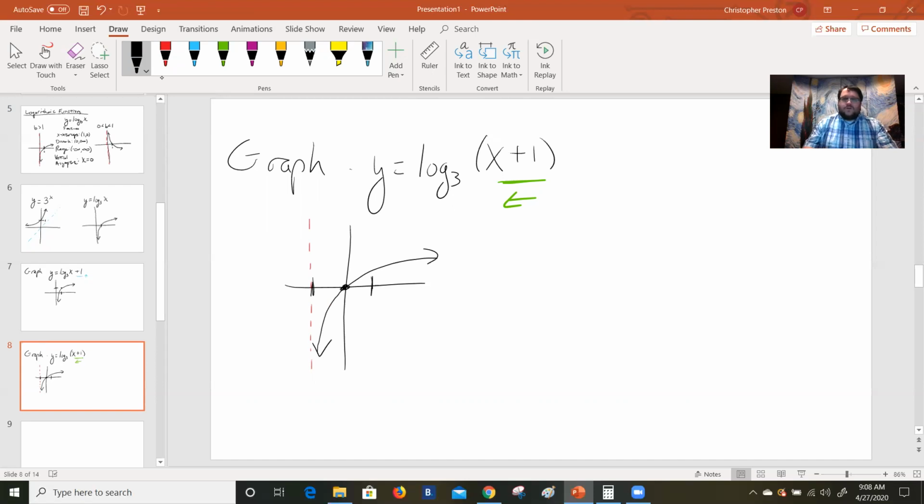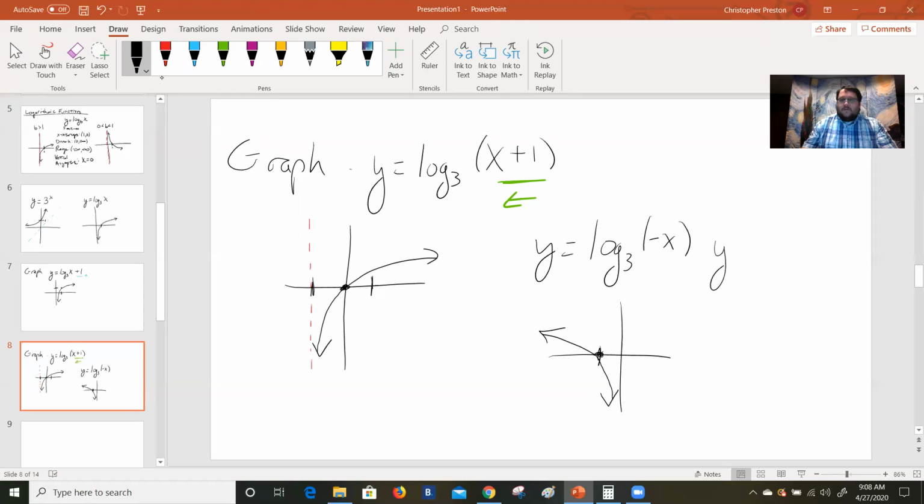So all those transformations still apply. If you put a negative inside with the x, that's a sideways flip. So now your graph is reflected relative to the y-axis. It's flipped sideways.